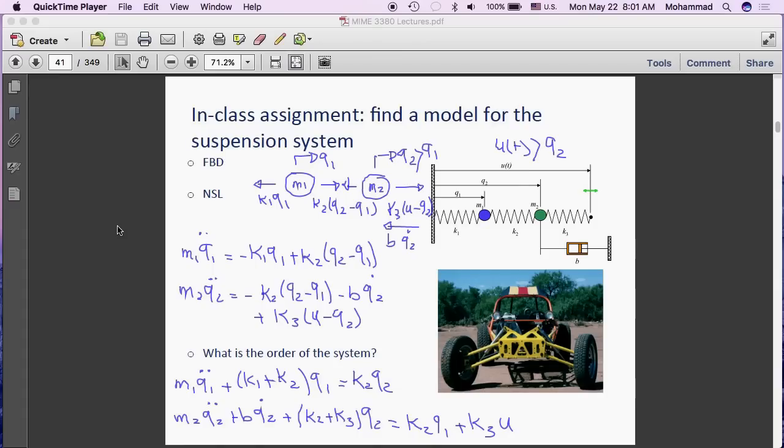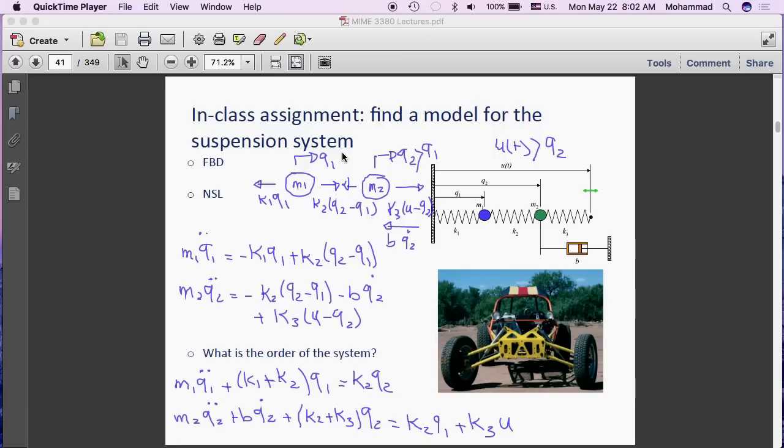So if you recall, we started by, of course, the physical system as is shown here. There are two inertial elements. For each inertial element, we drew a free body diagram. So mass 1 is the left one, mass 2 is the right one. We show the motion of the first mass with variable q1, the motion of the second mass with variable q2, and we made an assumption.